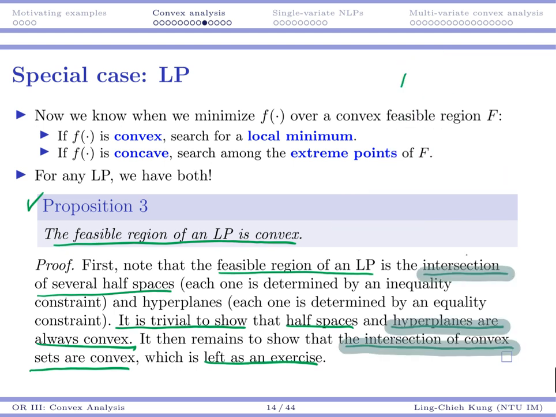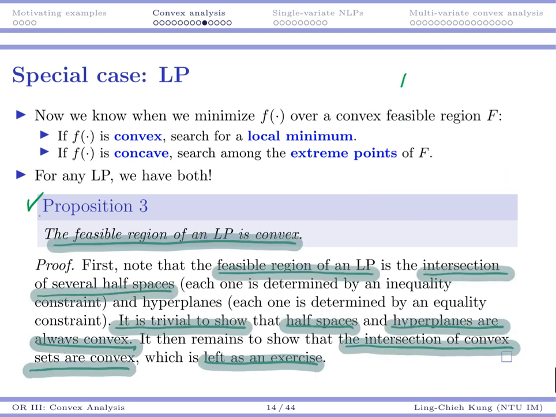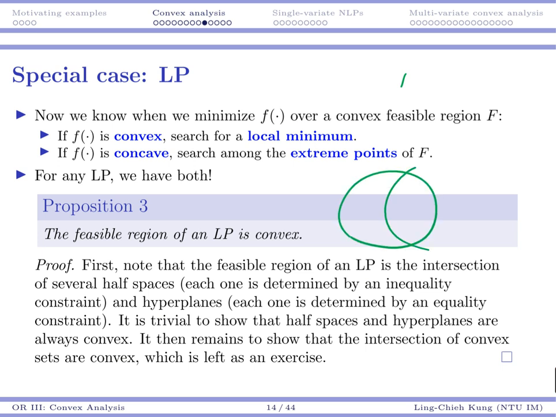This says that if you have two convex sets, then their intersection is also convex. If you take two points in the intersection, the line segment lies completely in the first set and also in the second set, so it should also lie in the intersection. Just try to write down the proof yourself. It shouldn't be too hard.